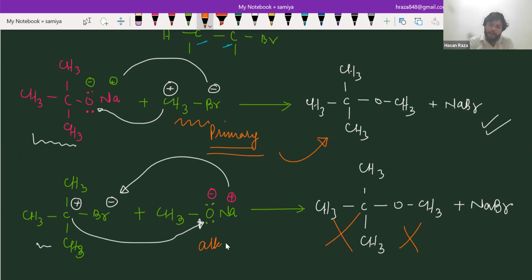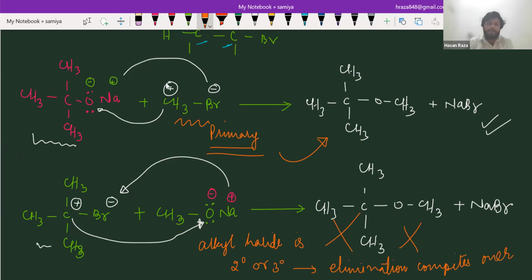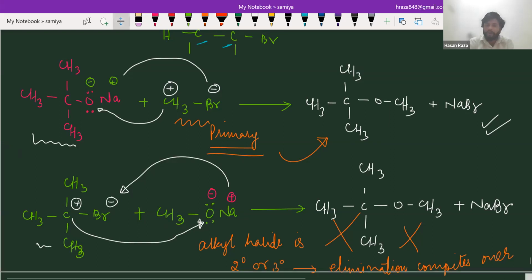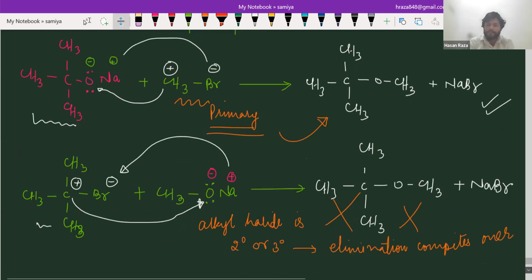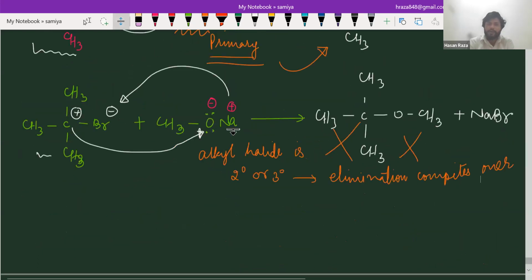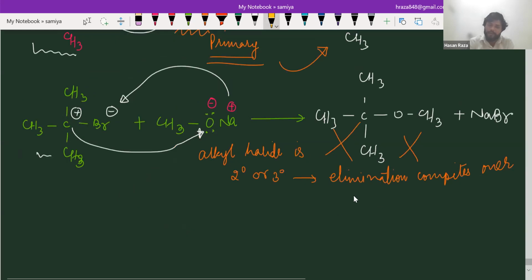But if your alkyl halide is 2°, that means secondary or tertiary, then elimination competes over substitution. Elimination competes over substitution.